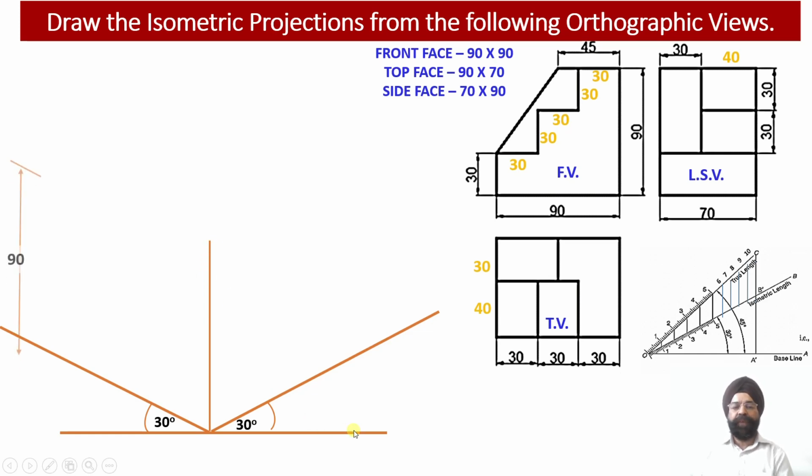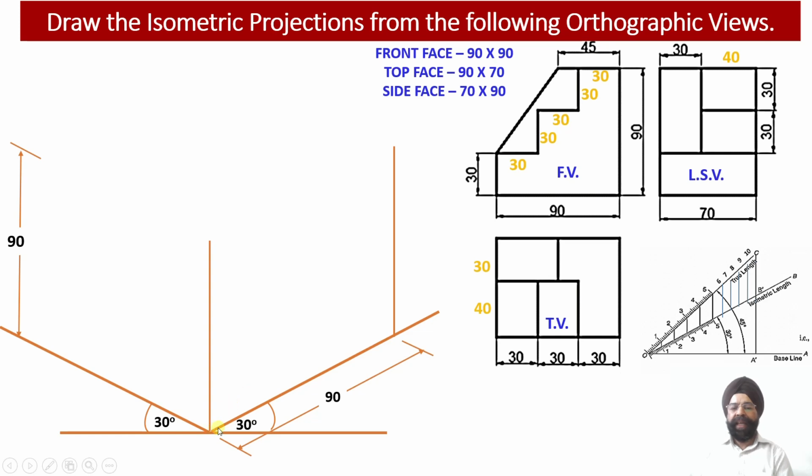Now let us start with the construction of the front face. As we have discussed, we are going to draw the front face of the solid along the YZ plane over here. So this is my y-axis, this is my z-axis over here. I know that the length of the solid in the front face is going to be 90 millimeter.